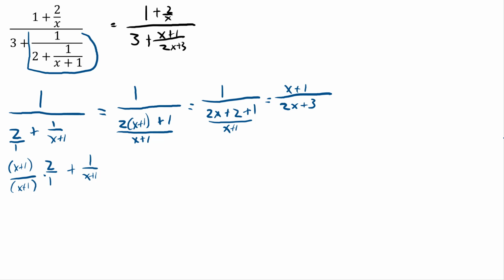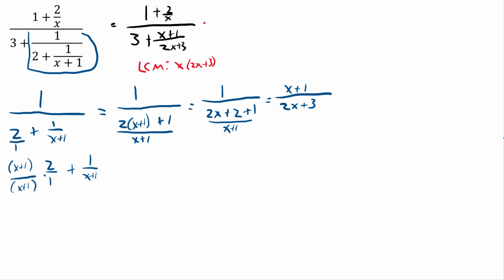Alright, so now if we follow the rules of the activity that I gave you, you will see the easiest thing to do is take your least common multiple and multiply it times the numerator and denominator. Well, in this case, our least common multiple is going to be, we have an x for the denominator here and a 2x plus 3. So if we just multiply those together and multiply that times the numerator and the denominator, it should simplify this quite a bit.